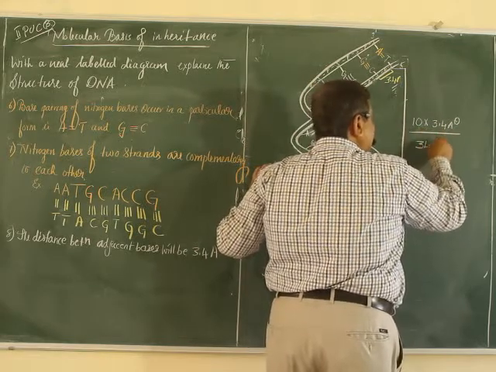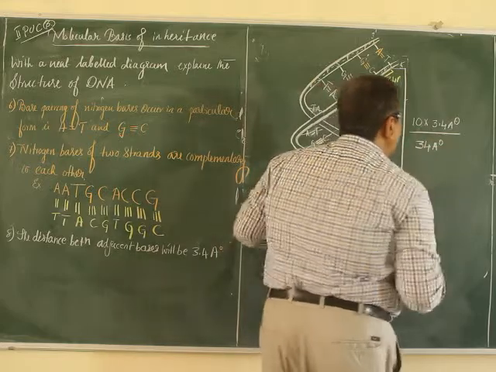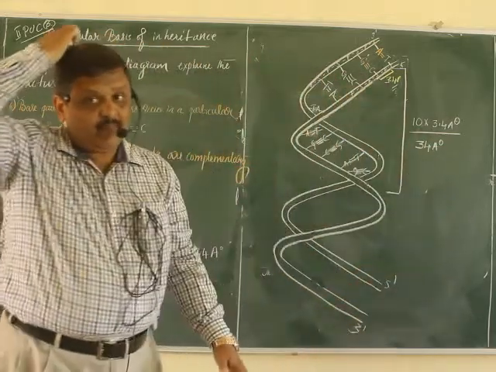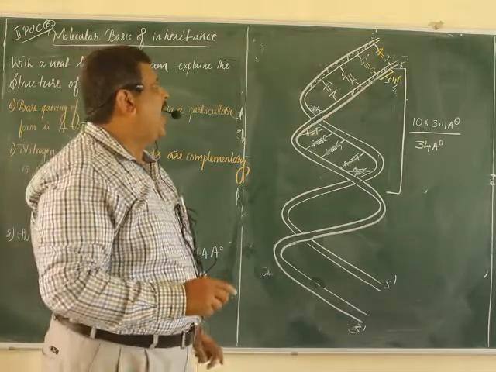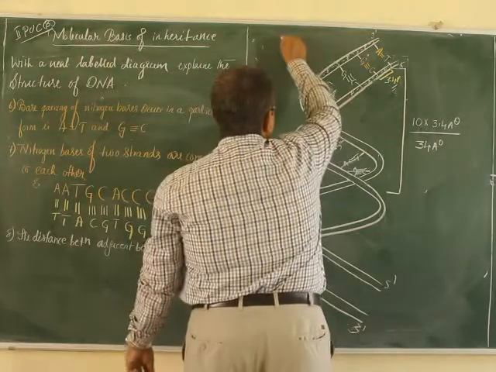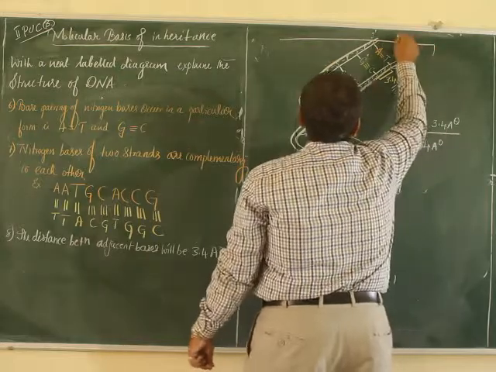For one complete turn, it takes about 34 angstrom. How much is it? 34 angstrom. And the width of the DNA is 20 angstrom.